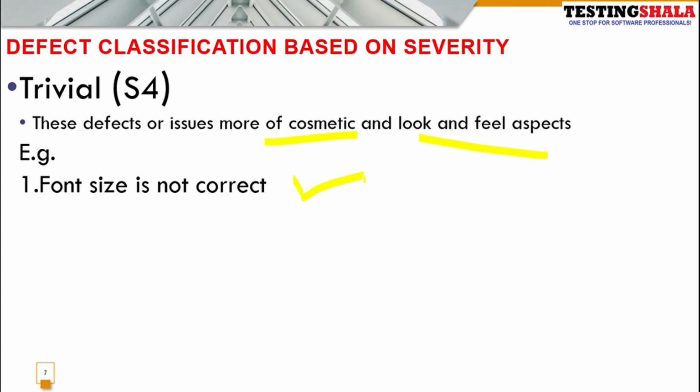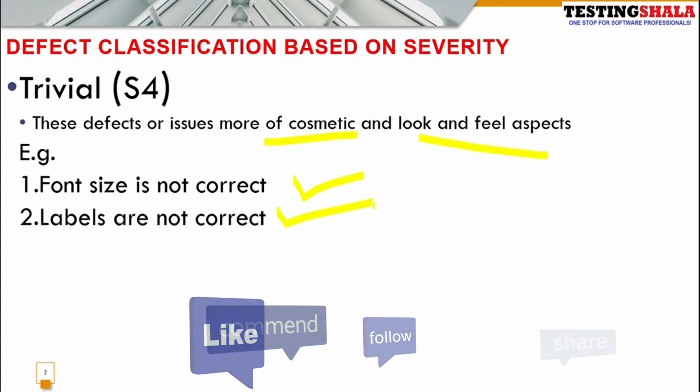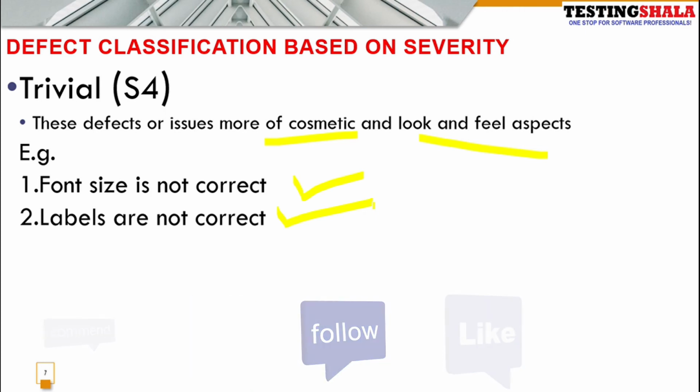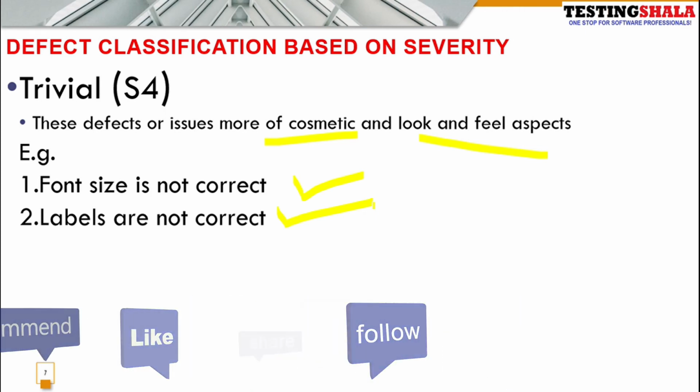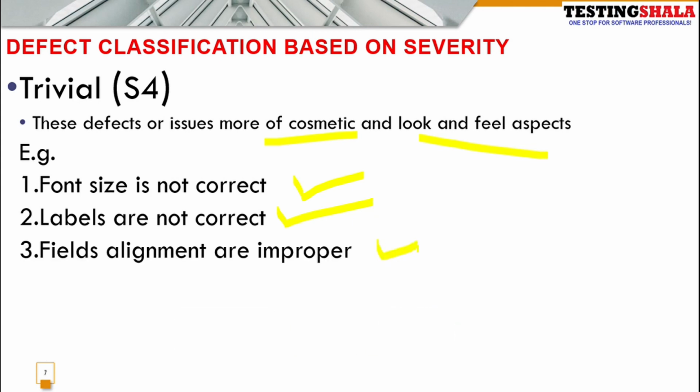Second, labels are not correct. Maybe labels are not aligned with the text fields or drop downs or any other labels in the given application, or field alignments are not proper. These are the defects which we classify as trivial, S4 defects.